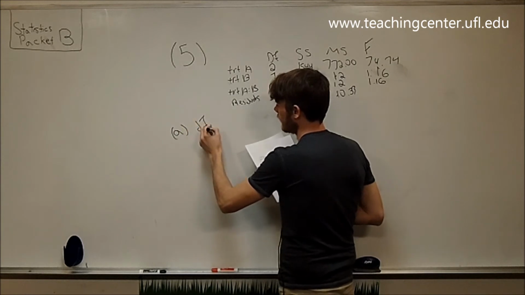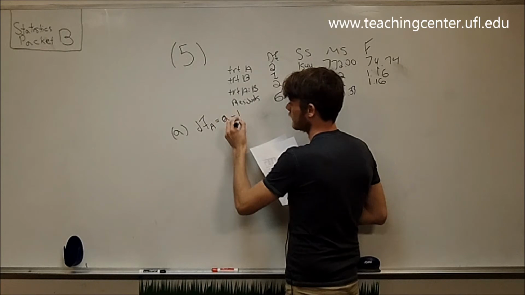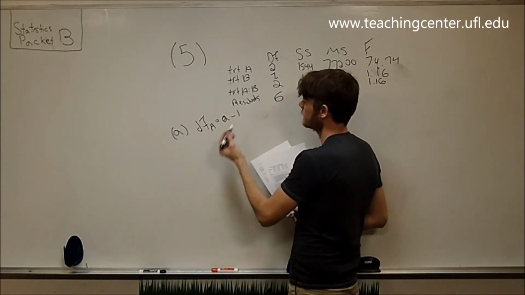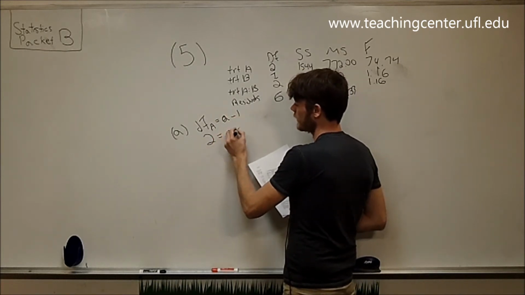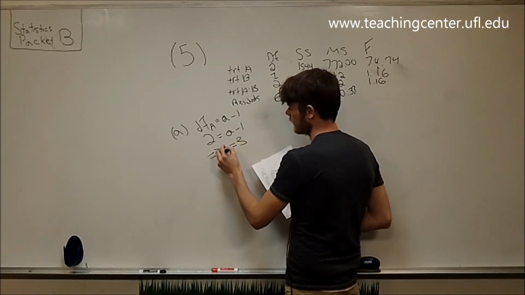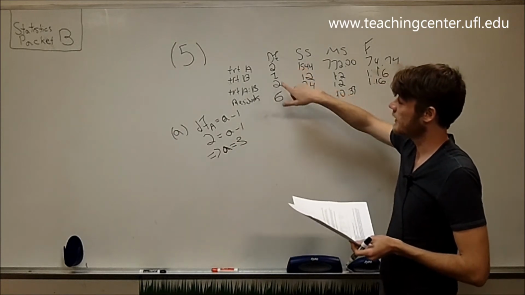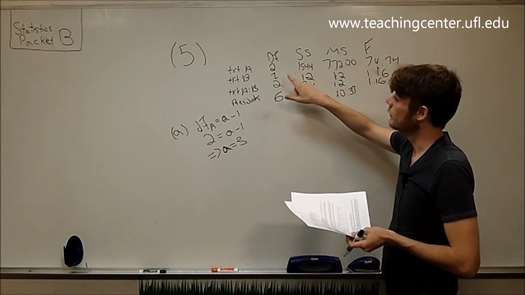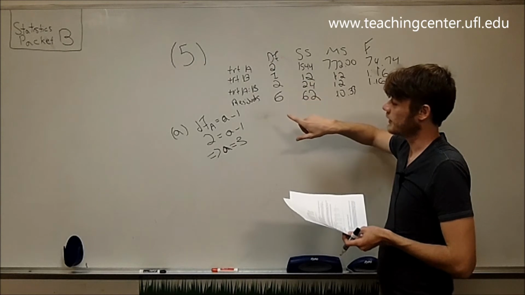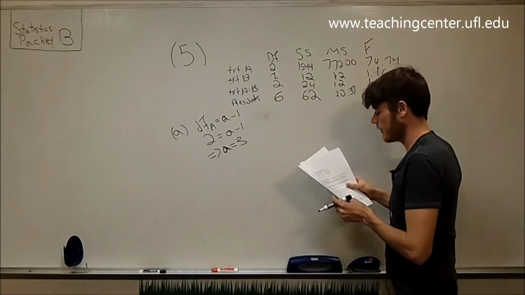DFA equals A minus 1, right? So we get 2 equals A minus 1. That implies that A equals 3. So we have 3 levels of factor A and 1 plus 1 levels of factor B, so 2. Okay.